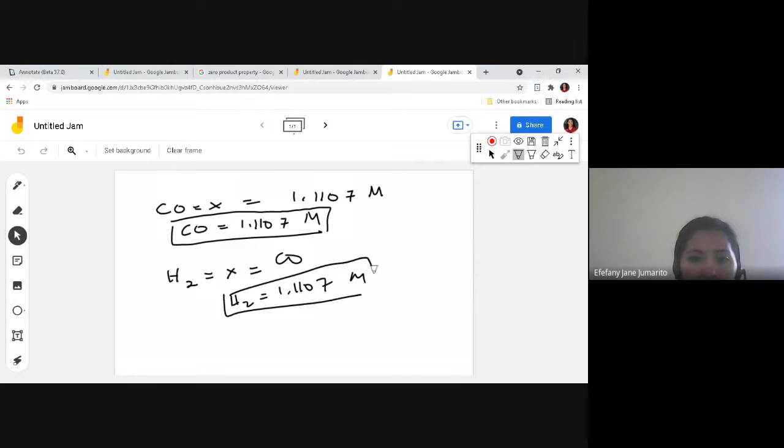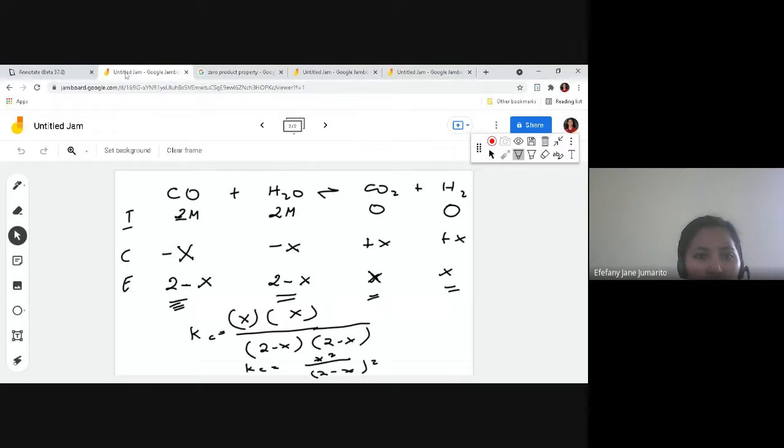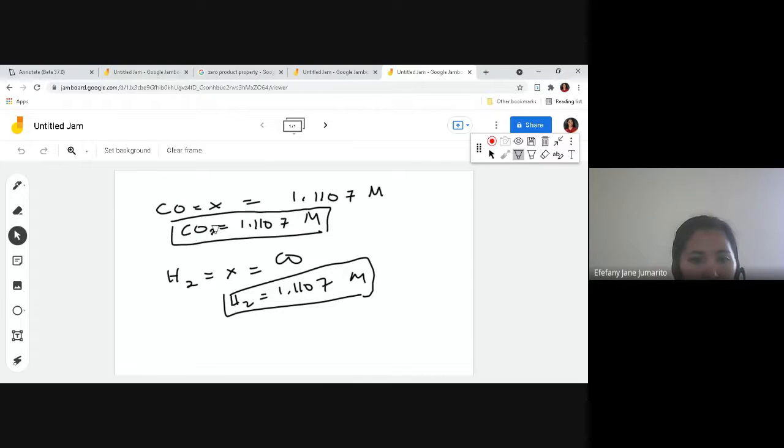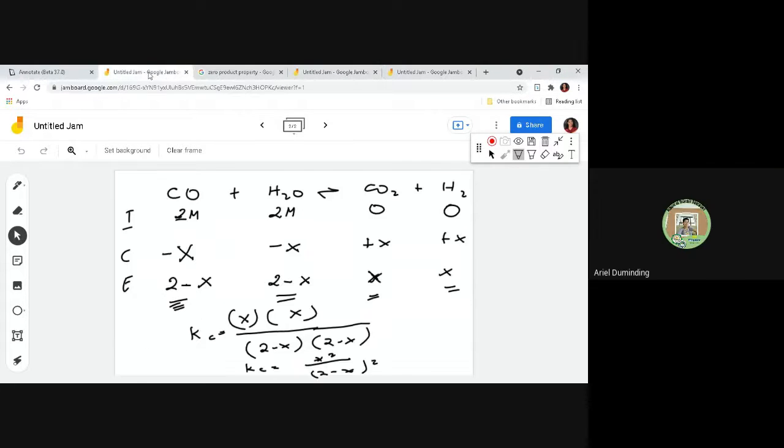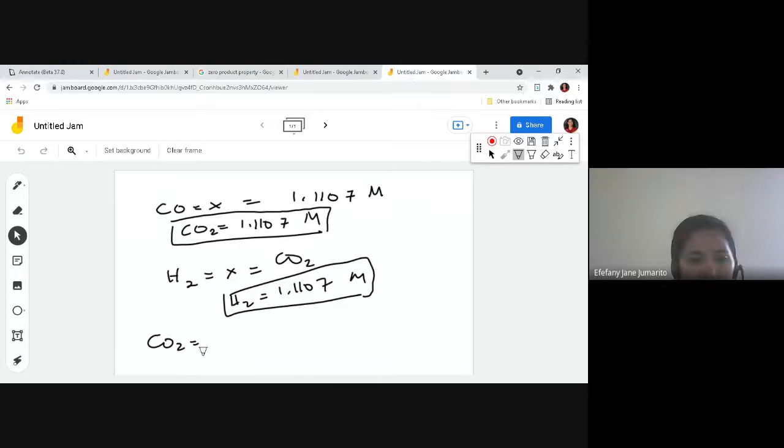What about the reactants? What about CO2? CO2 is equal to initial CO2 minus x.